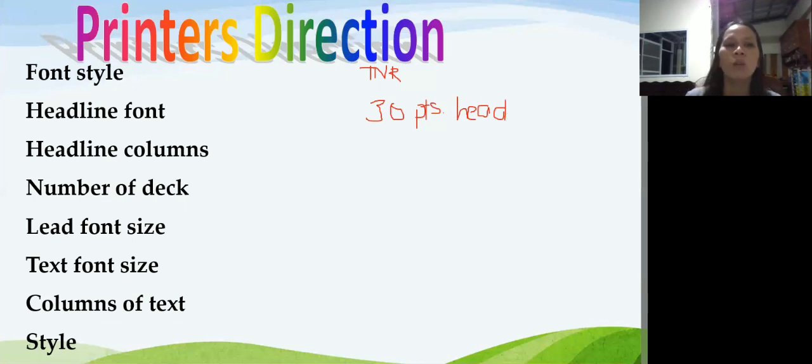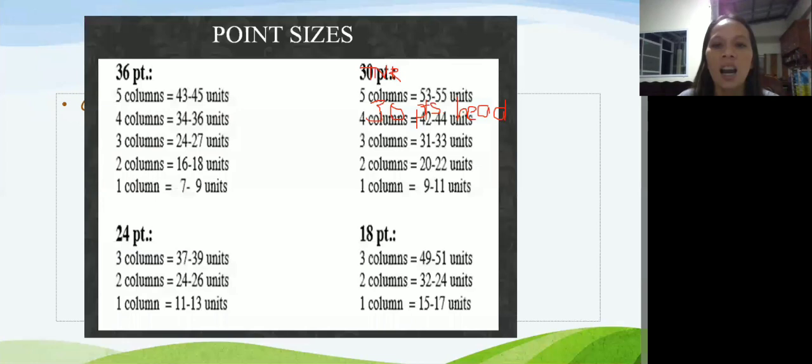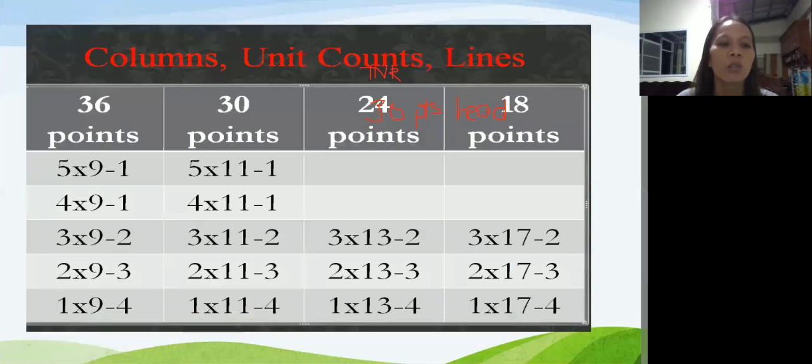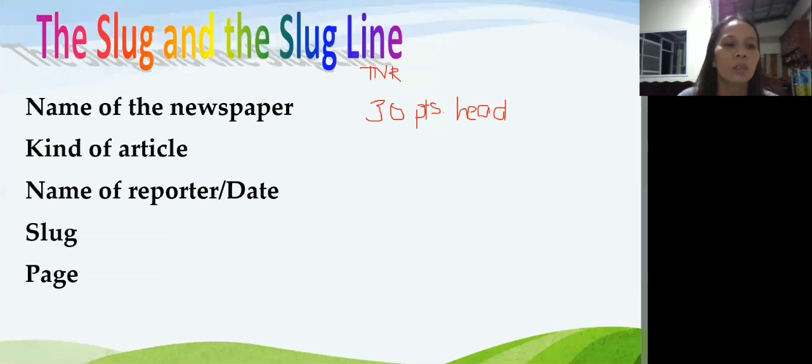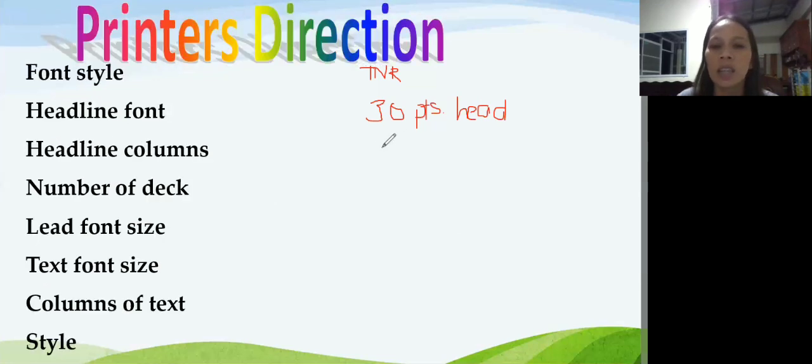So, di ba yung lumabas kanina, sige, balikan natin ha. Di ba yung kay Marcos ay 3 columns, 31 unit count. So, 30 points siya. So, 3 columns. Okay, so 3 column, 3 calls head.